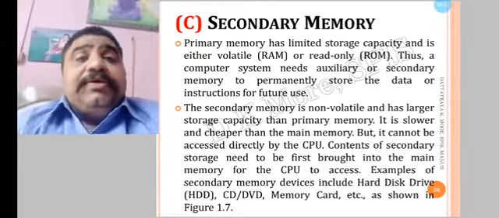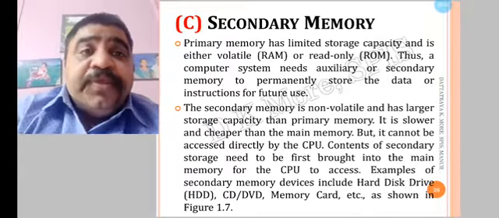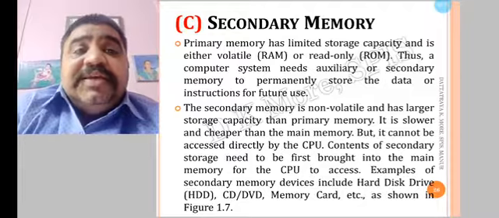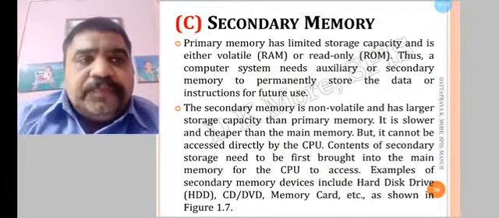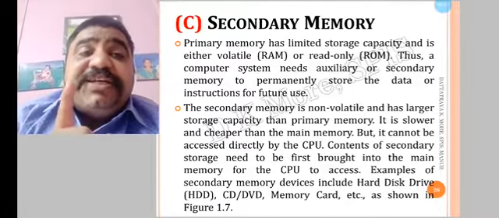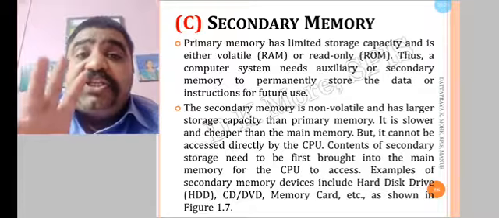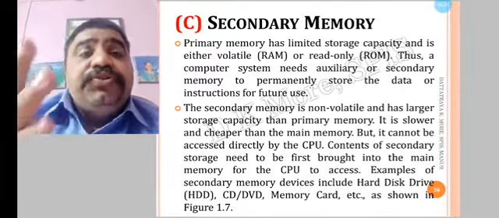Now very important one more thing, secondary memory. Primary memory has limited storage capacity and is either volatile RAM or read only ROM. Thus a computer system needs auxiliary or secondary memory to permanently store the data or instructions for future use.